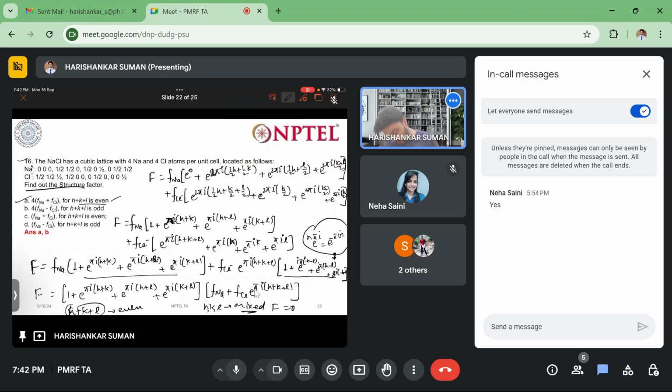Please apply. And if we get odd, summation of odd, then we will get minus. And this number Q is 4. Okay, so this is the way you can solve.